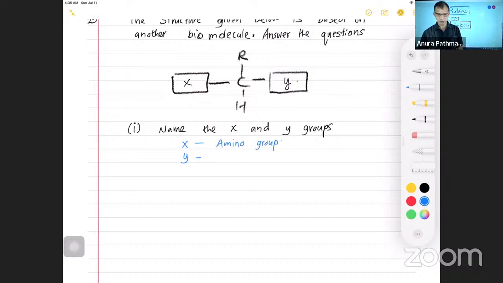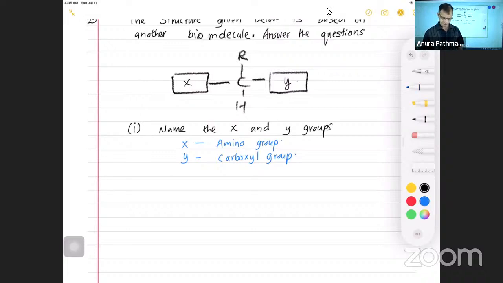And what is the Y group? Carboxyl group. Amino group and carboxyl group, as you can see on the screen.